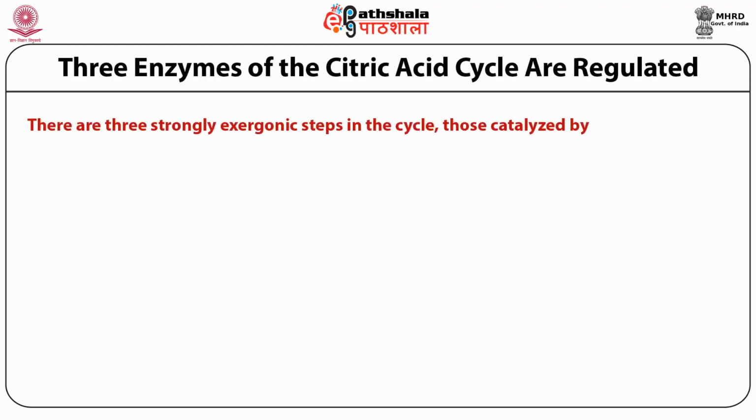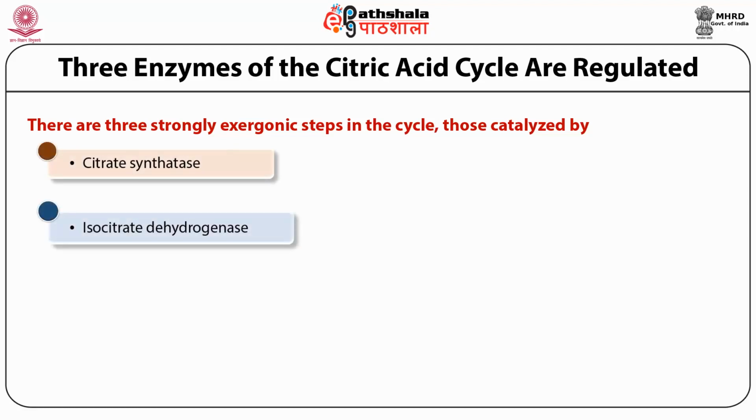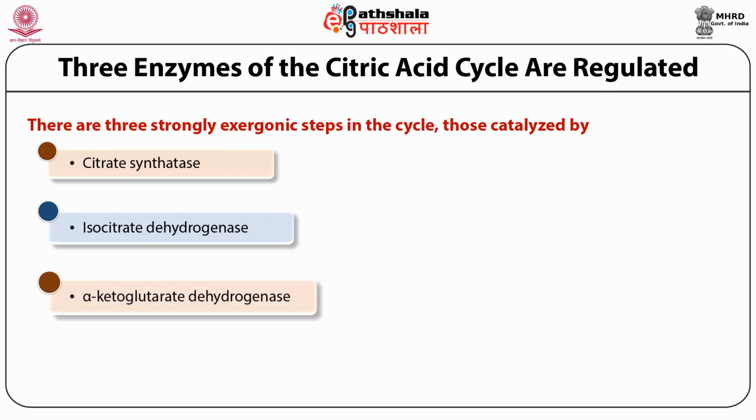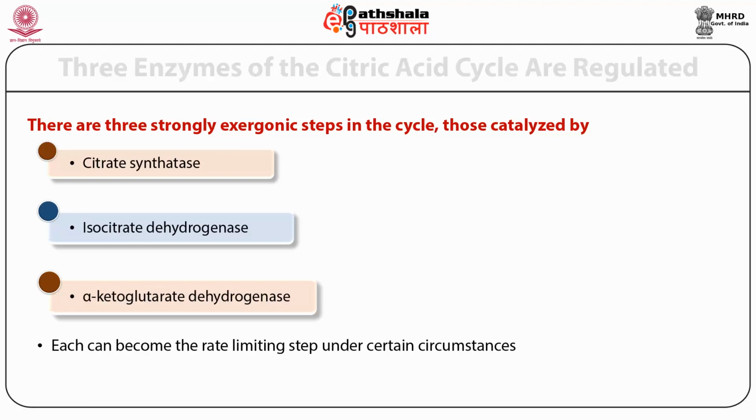There are three strongly exergonic steps in the citric acid cycle, catalyzed by citrate synthase, isocitrate dehydrogenase, and alpha-ketoglutarate dehydrogenase, which are regulated by different mechanisms, and each can become the rate limiting step under certain circumstances.